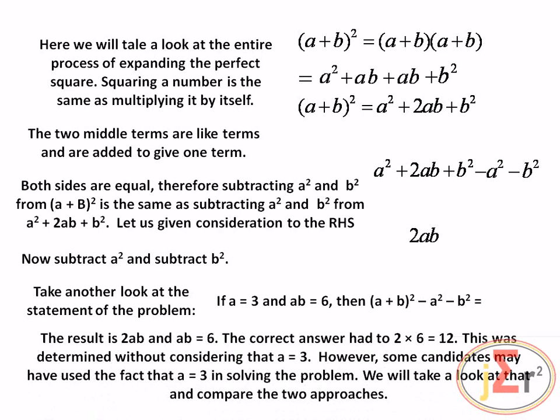The correct answer has to be 2 multiplied by 6, which is equal to 12. This was determined without considering that a is equal to 3. However, some candidates may have used the fact that a is equal to 3 in solving the problem. We will take a look at that and compare the two approaches.